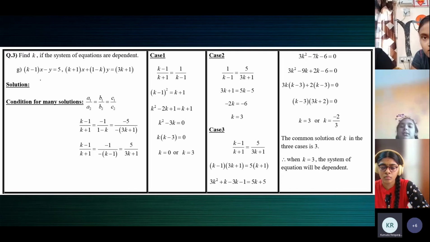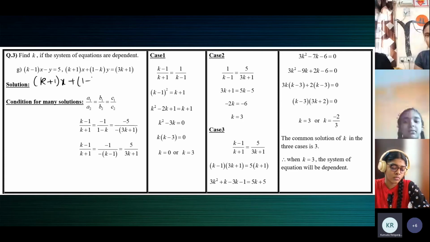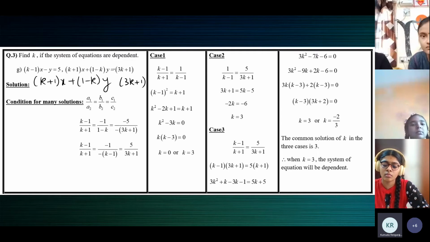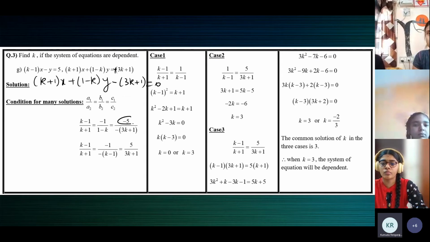The second equation is k plus 1 of x plus 1 minus k of y. Write 3k plus 1 as it is on the other side. There's a plus here, it will become minus, is equal to 0. So this is C2. C1 is minus 5.